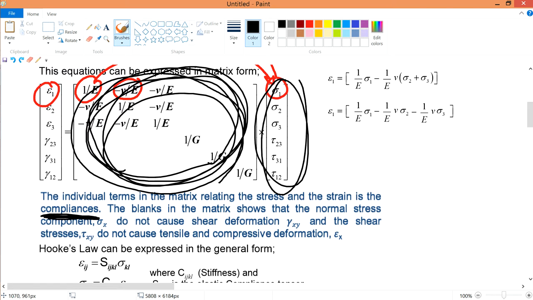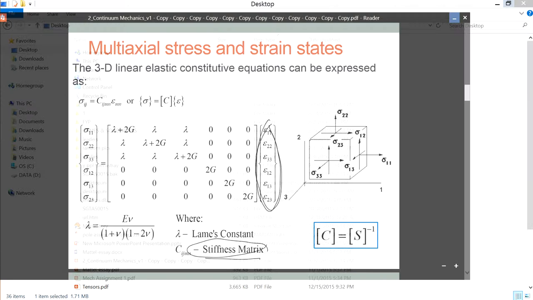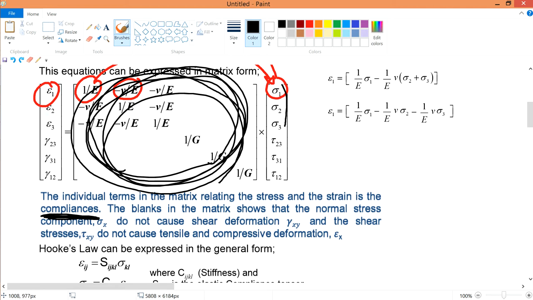If this thing over here is strain, then there is another term, I think called the modulus, I forgot the name, but anyway, it's called the stiffness matrix. If you have the strain over here, this is called the stiffness matrix. If you have the one that I've shown you, where this is the stress and this is the strain, you're actually talking about the compliance. So this whole thing is a compliance.